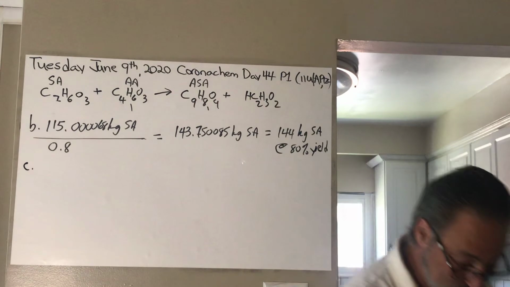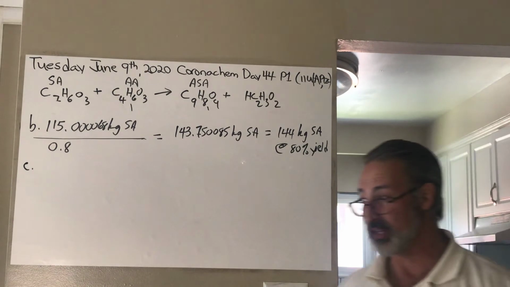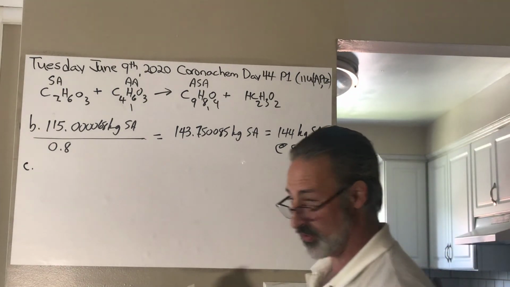Part C now. C asks you, what is the theoretical yield of aspirin if 185 kilograms of salicylic acid is allowed to react with 125 kilograms of acetic anhydride? So let's find out how many moles that is for each one.